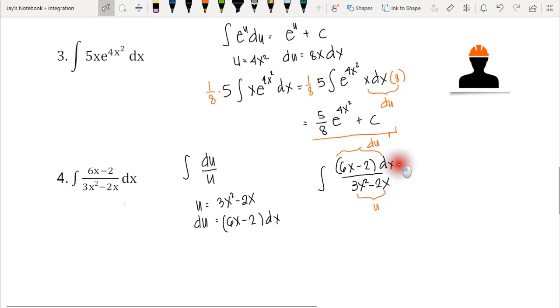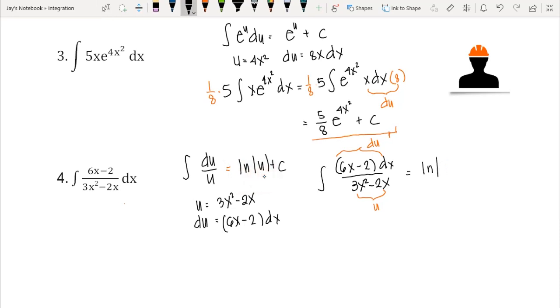We can directly use this rule, the integration of du over u, that is the natural logarithm of u plus c. This form has already been satisfied by our original function. So the integration here is the natural logarithm of u.